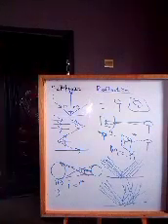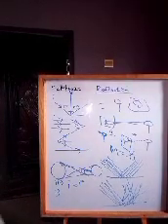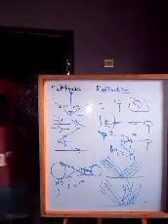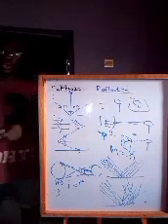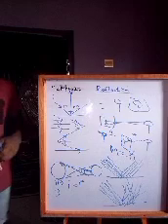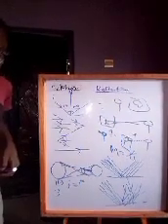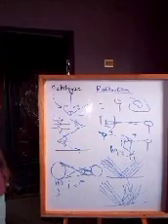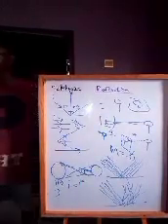Next we're talking about devices that make use of reflection. There is what is called a periscope. A periscope is a device that applies light rays, and it has two mirrors angled at 45 degrees to each other.